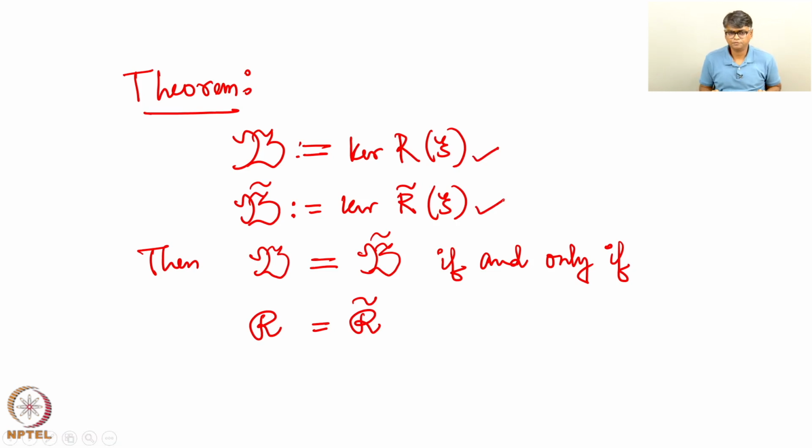It is an if and only if condition, provided we are dealing with C infinity trajectories. These are all C infinity behaviors, smooth behaviors. Not true in general for general behaviors.